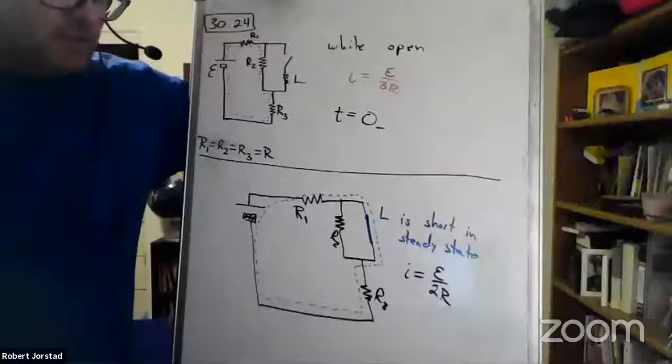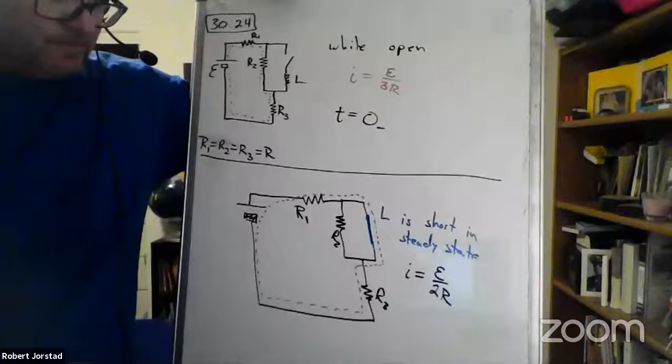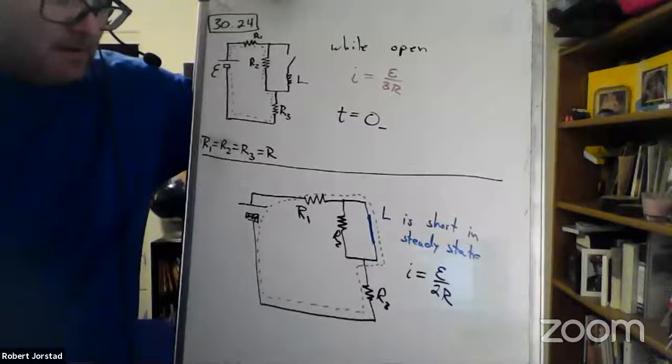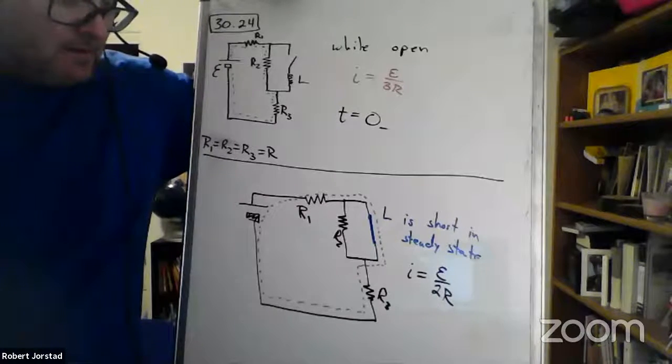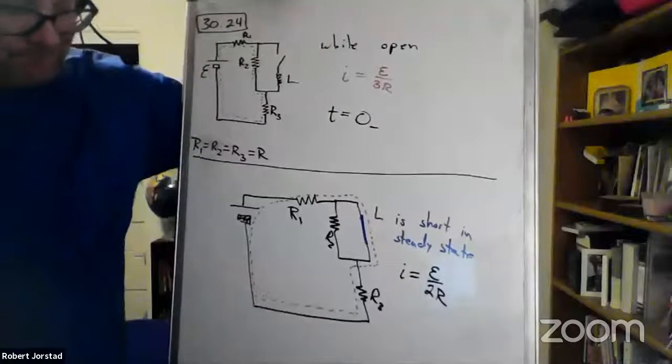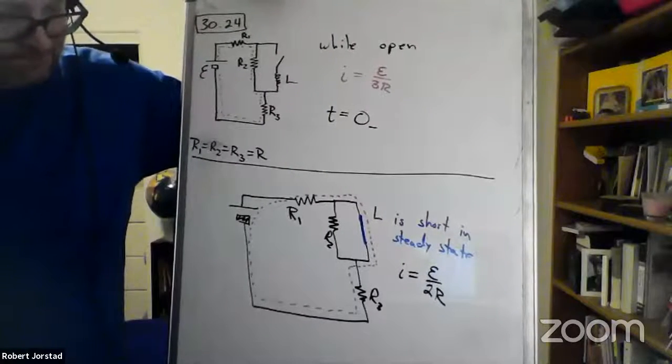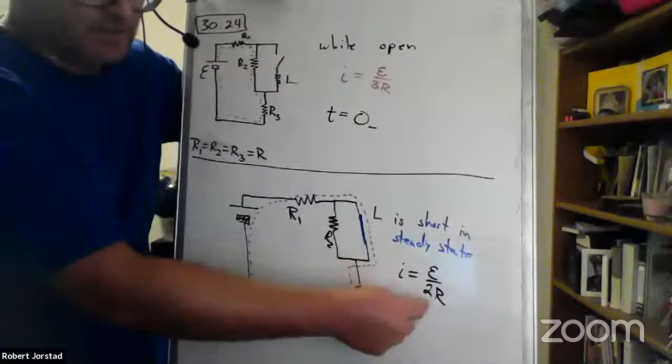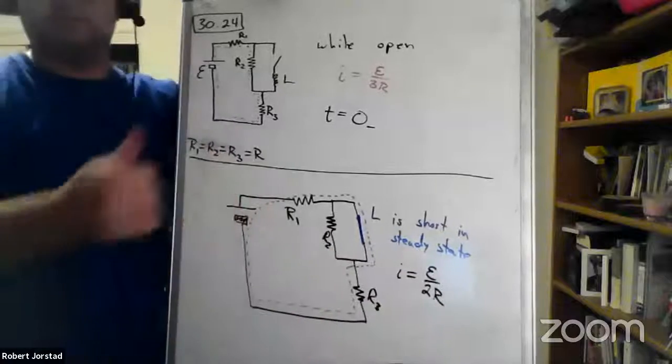Effectively 0. What's the voltage across resistor 2? Also 0. What's the voltage across resistor 3? E over 2. Take the current times the resistance: E over 2R times R gives you E over 2.